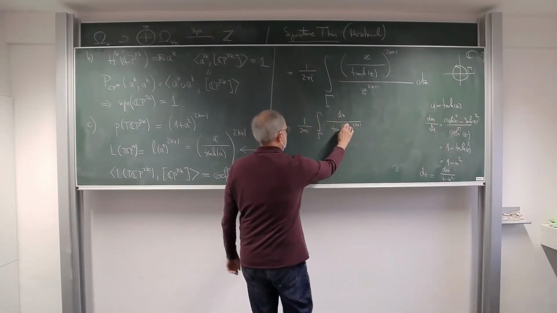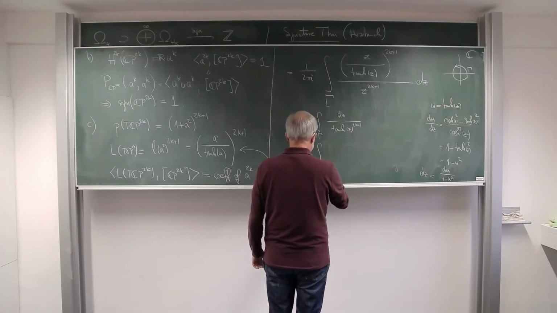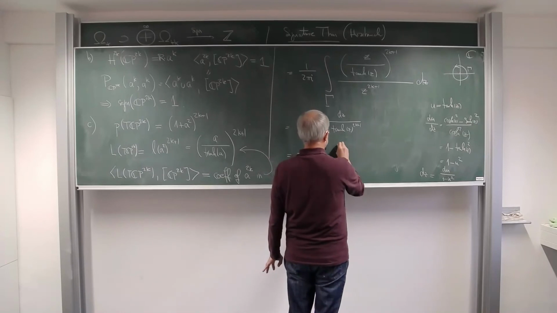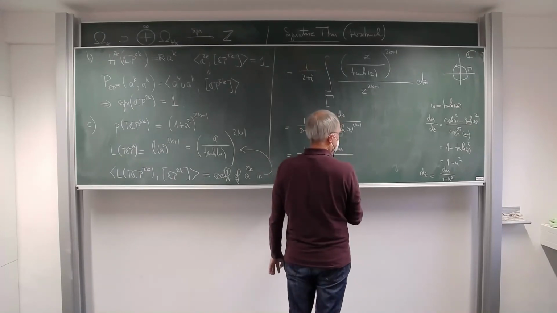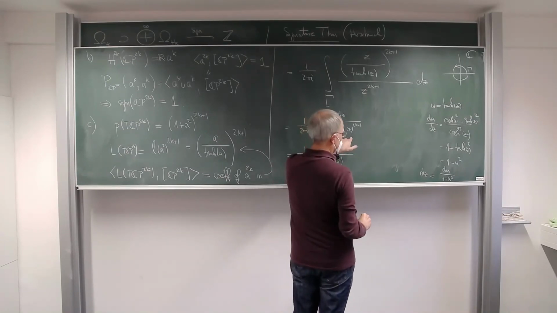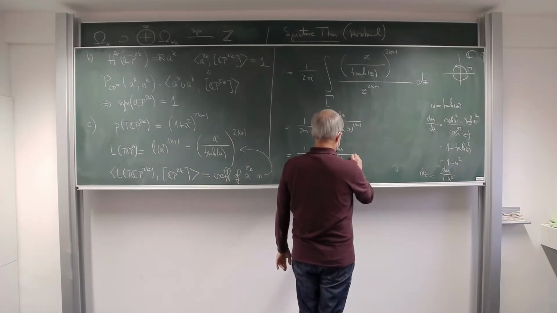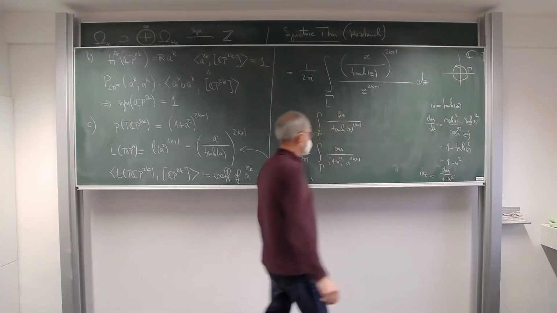Okay, so I can go into the formula here with the substitution, and then I have du divided by 1 minus u squared, and then I also have these terms here, namely u to the 2k plus 1.